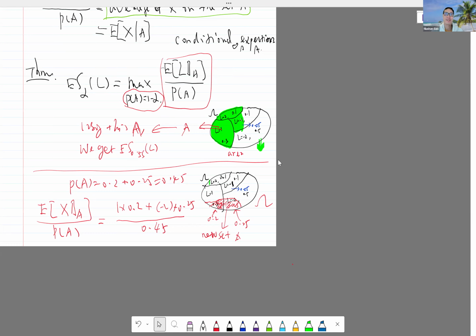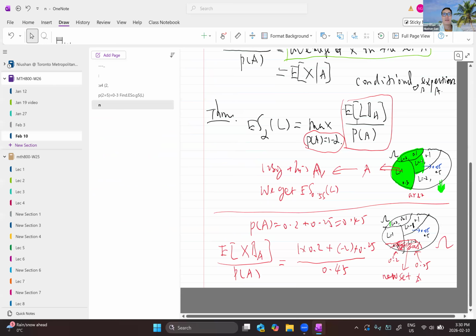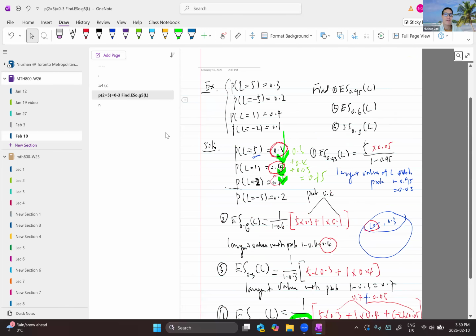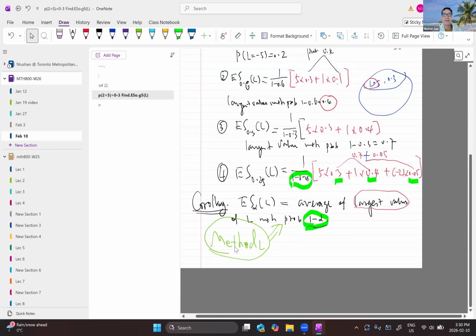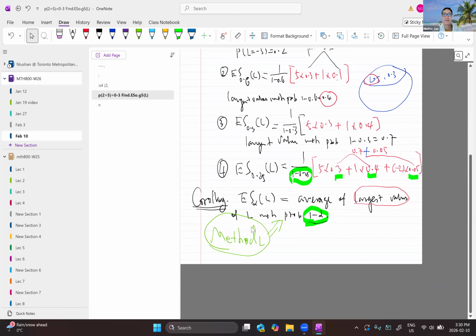Okay. Does this theorem make sense to you guys? Any response? I hope so, because this is a very important theorem. I would view the previous statement as the second method for computing, especially for discrete random variables.